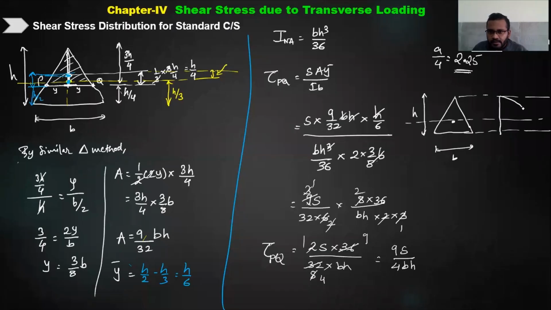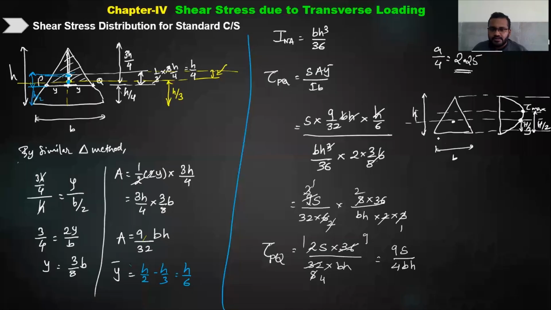It will be maximum at a distance h by 2, and the neutral axis is at a distance h by 3. Are you understanding it? Tau is maximum at some other layer in the case of the triangular section.